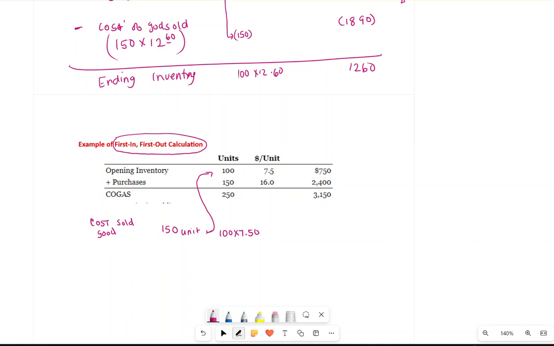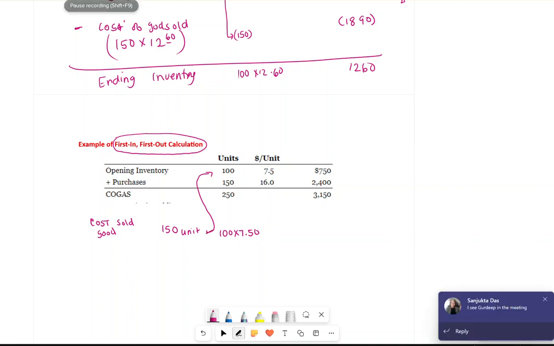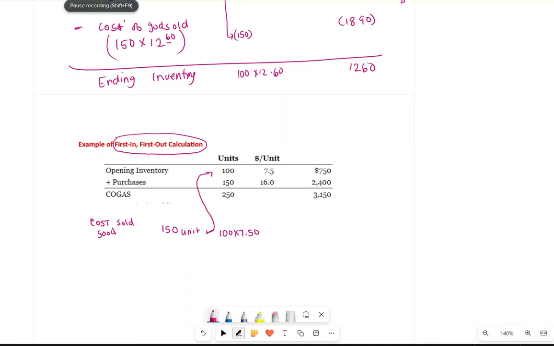So we sold 100 units at $7.50. Then the next thing we do is take 50 units from my next inventory, which in this case is $16.